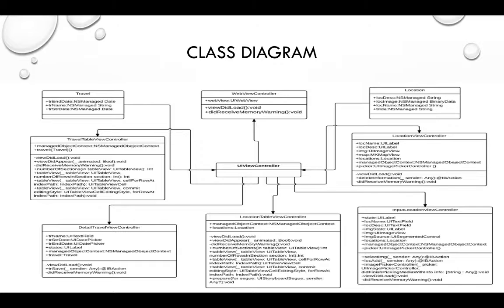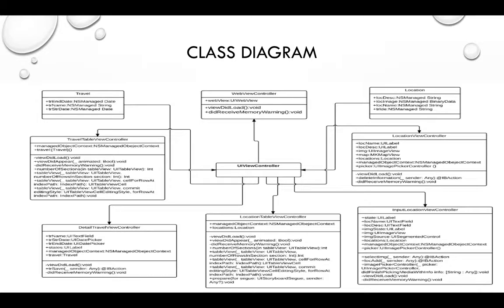There are several button functions and a picker function in this view, which are used for selecting an image from the local library or using the camera to take photos. It also has the function that stores the location information into the entity of the Core Data by using the save button. And the other functions are the basic functions of the view controller.